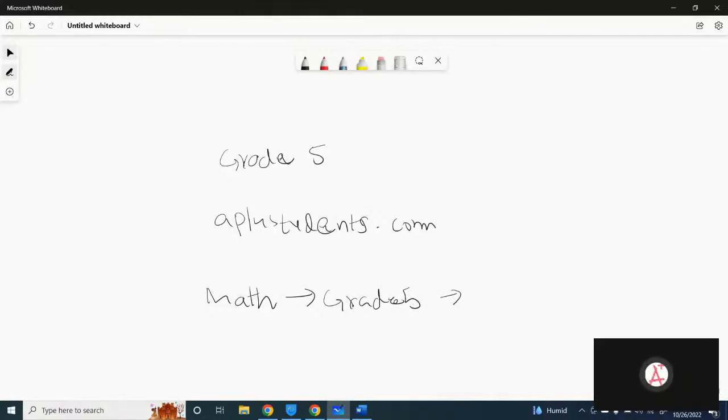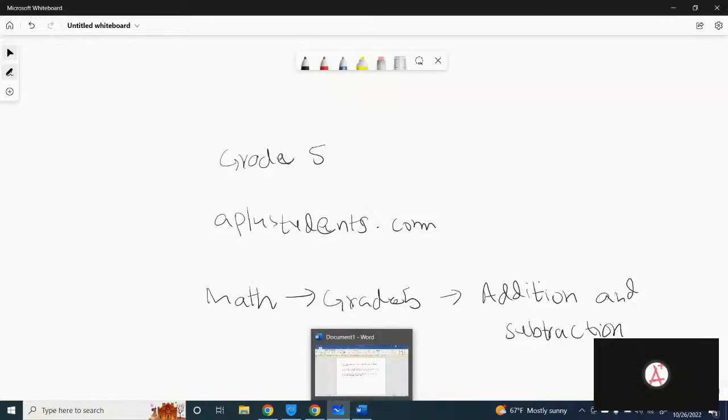We are already working on chapter 4, that is addition and subtraction. And the topic we're going to start with is inequalities with addition and subtraction. Let me write down the lesson name.